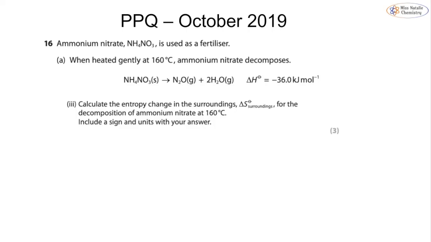Then we want to calculate the entropy change of surroundings for the decomposition. So remember, our entropy change of surroundings is equal to minus delta H over T, and T has to be in Kelvin, remember.